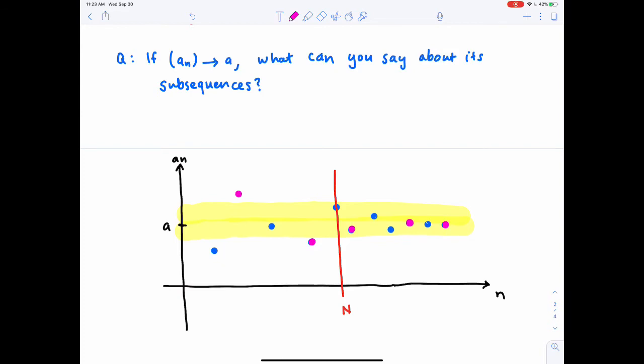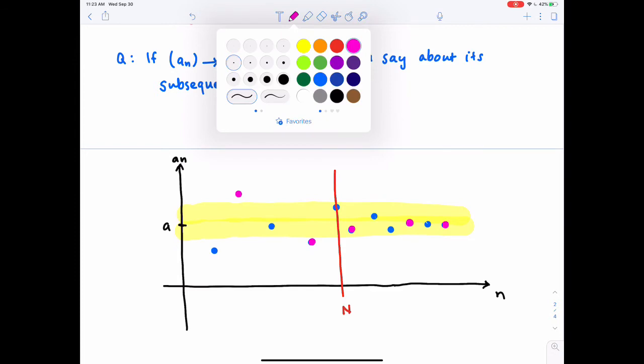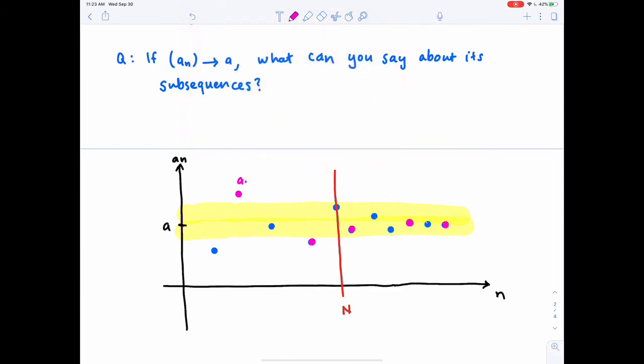So here I've highlighted some terms in pink. If I wanted to label these just for clarity, I would be saying that this is the value a_{n_1}, here's the value a_{n_2}, this one would be a_{n_3}, a_{n_4}, a_{n_5}. Now, what can we say about what's going on with this subsequence, or any other way that I could have selected my subset?